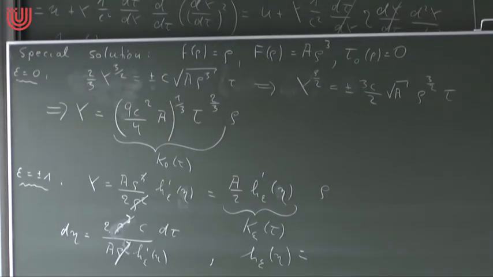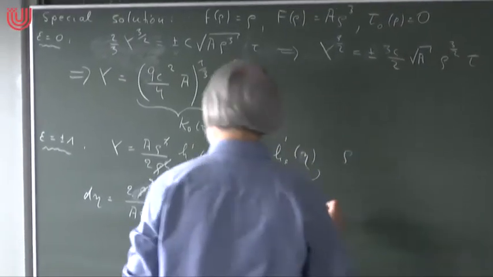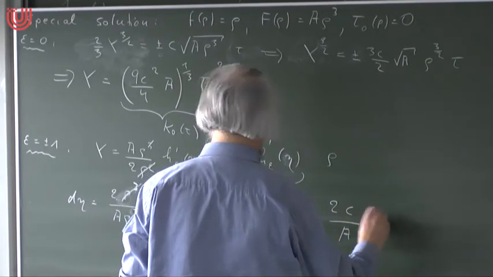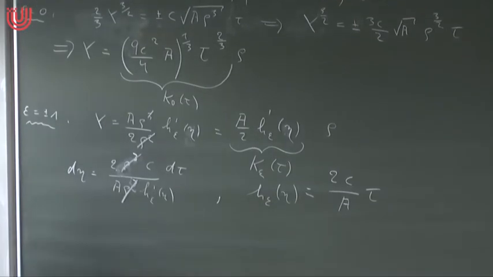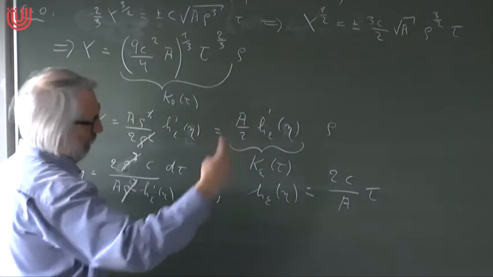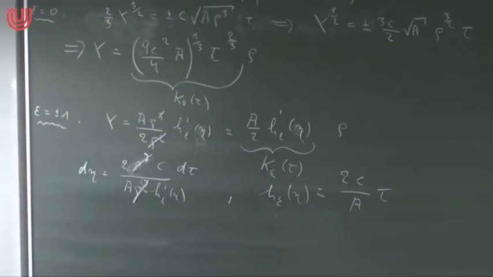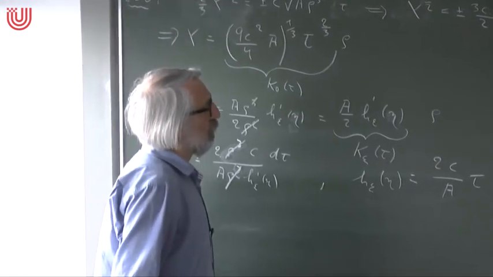I can use this expression here. Tau naught is 0 now. So I have 2c over a tau. So that's the relation between eta and tau. And remember what h epsilon was. It was this function with sine and hyperbolic sine, depending on the sign of epsilon. Okay, so that's our special solution.